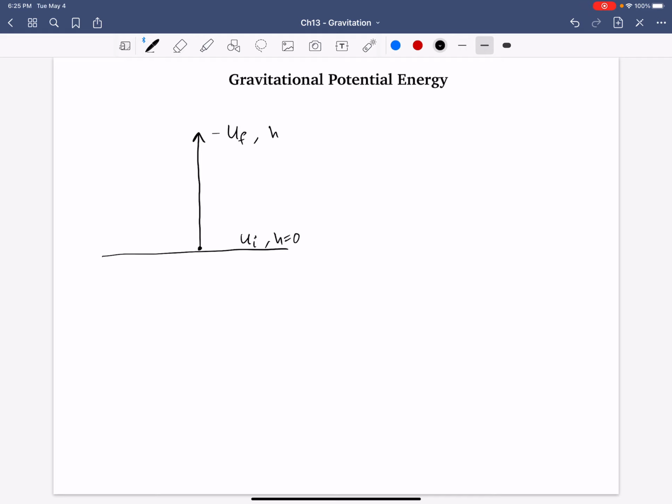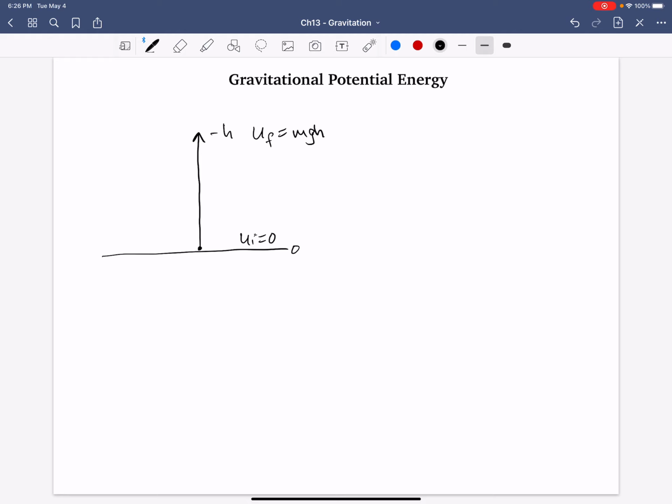Actually, let me put those in the other order: this is at some height h, this is at height 0. The final potential energy had the form of mgh, and at the bottom mgh was just 0 because the height was 0.